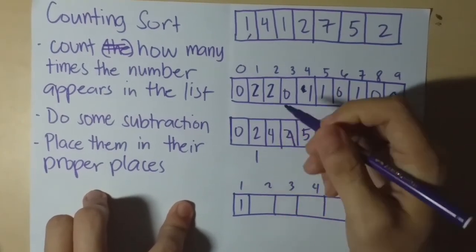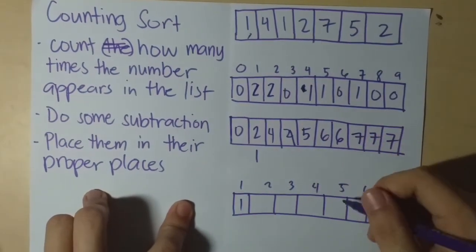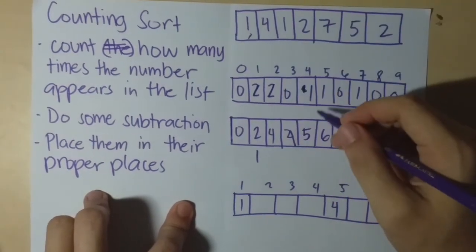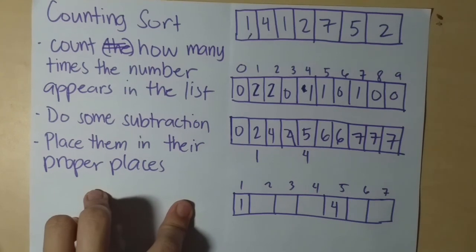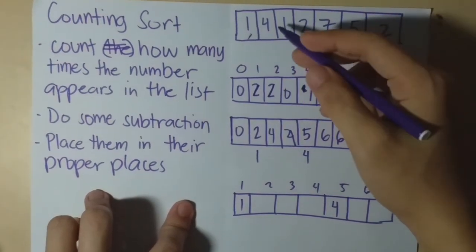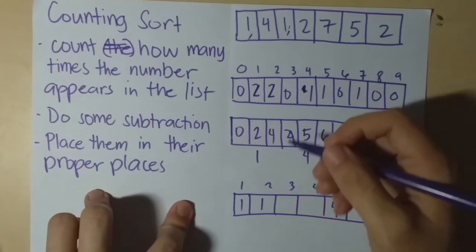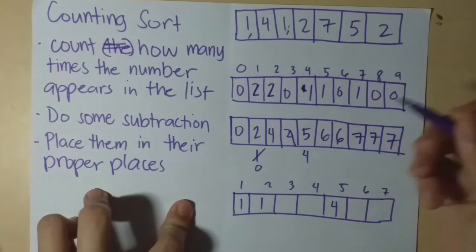So this becomes 1. And then 4, 0, 1, 2, 3, 4, so it goes right here, and 4 right here becomes 4. Then we have 1, so 1 goes here. It's still 1, and our 1 here becomes 0.